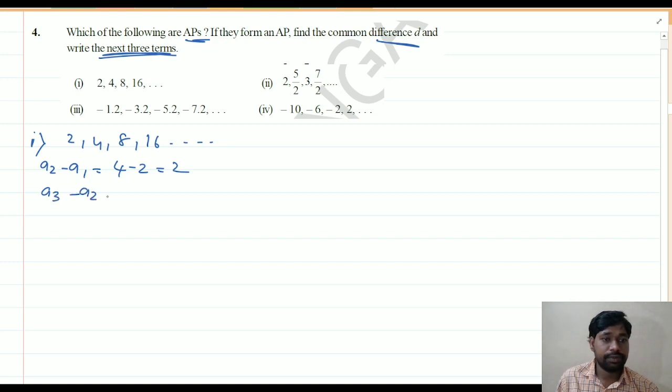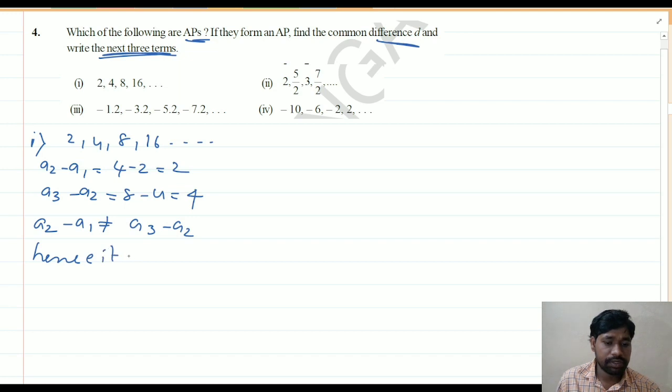A3 minus A2 is equal to 8 minus 4, what do we get? 4. So A2 minus A1 is not equal to A3 minus A2. Hence we can say simply it is not an AP.